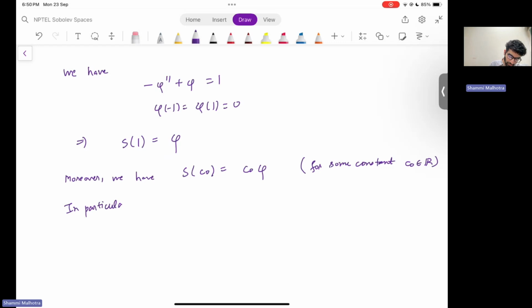Thus, in particular, if I have U, F given, S of lambda U0 is lambda U0 times S of 1, and that is phi only. So this is lambda U0 phi.